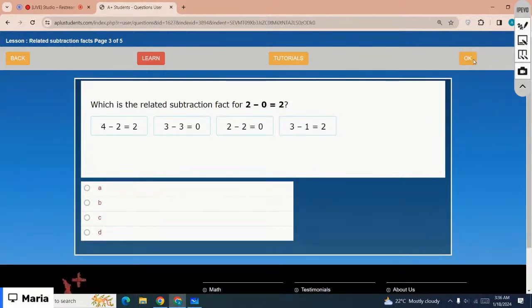Which is the related subtraction fact for 2 take away 0 equals 2? Which is the correct option? Yes, that is option number C. 2 take away 2 is 0 is the correct option.